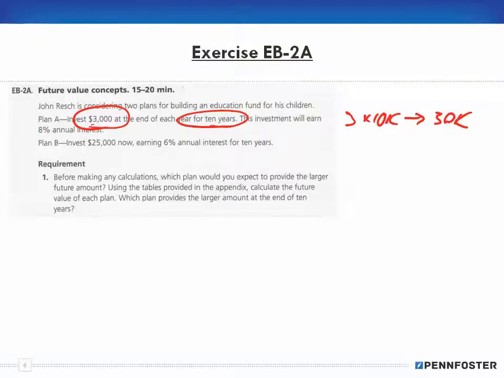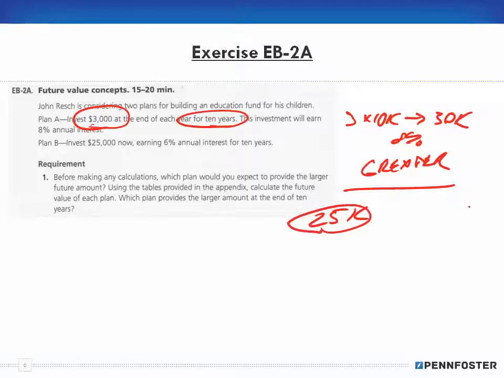And I'll earn it at 8% interest. So most likely that's going to yield me a greater amount than if I invest $25,000 now as a lump sum for the 10 years at a lower interest rate.